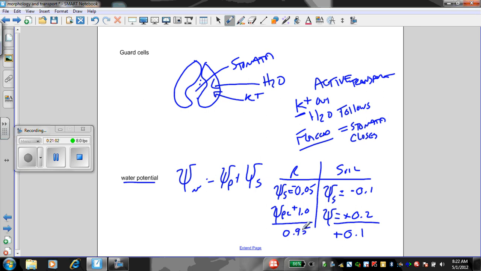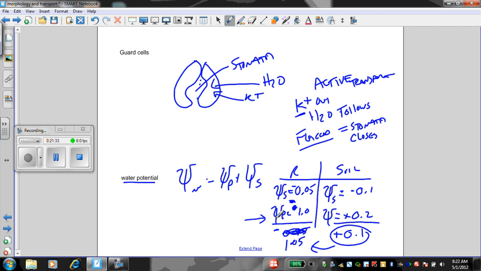If we got a pull because of transpiration, it would be a negative number, so this would be a negative 1.0. Then the overall of the system is negative 1.05. And since this is a smaller number, water goes in.